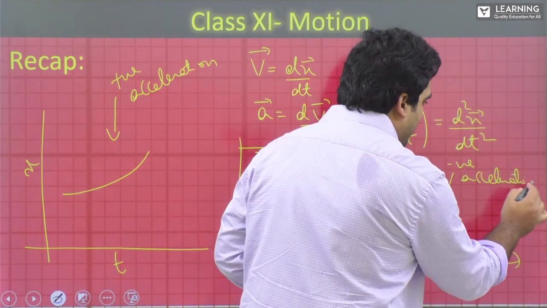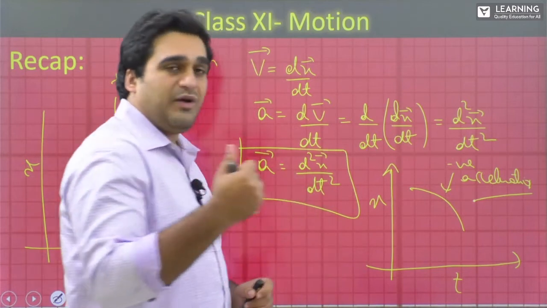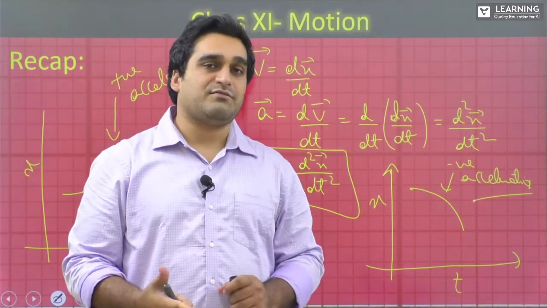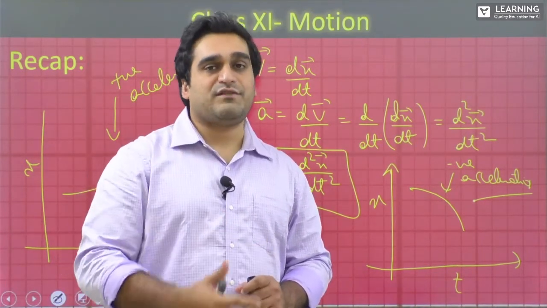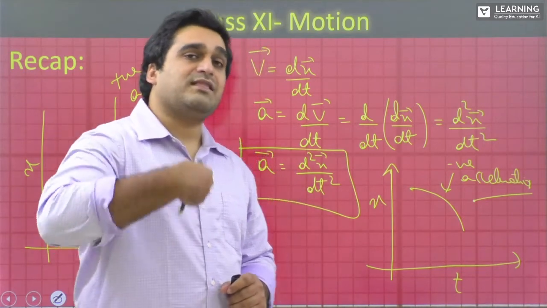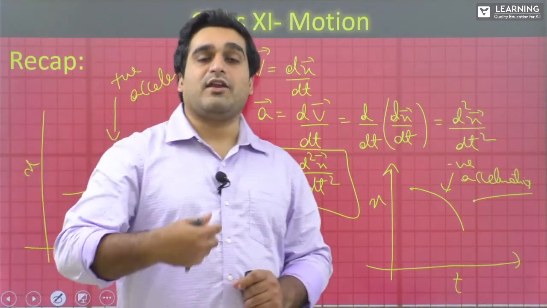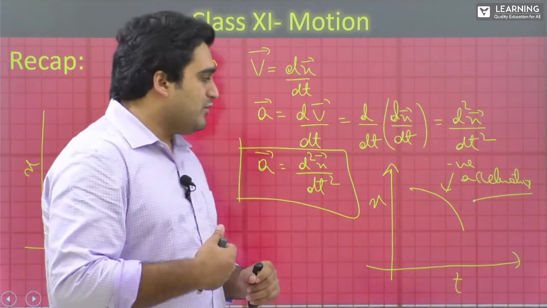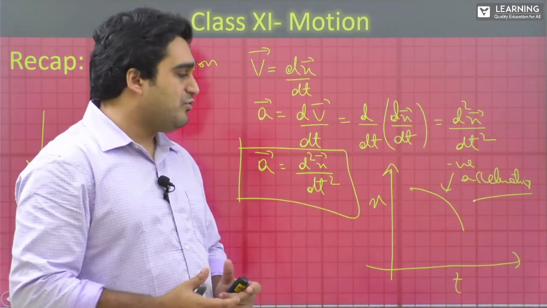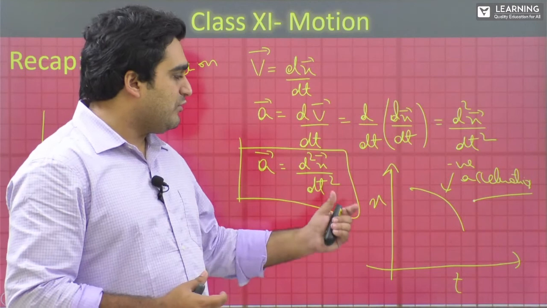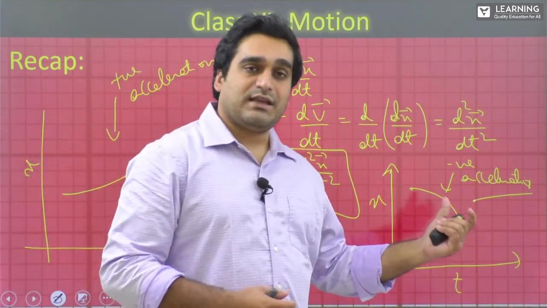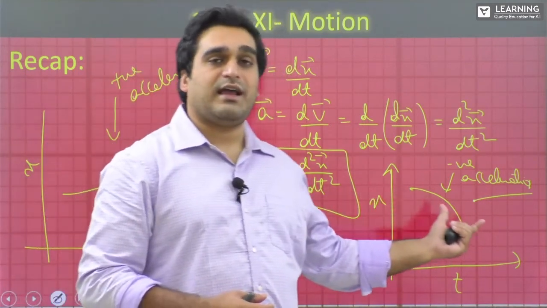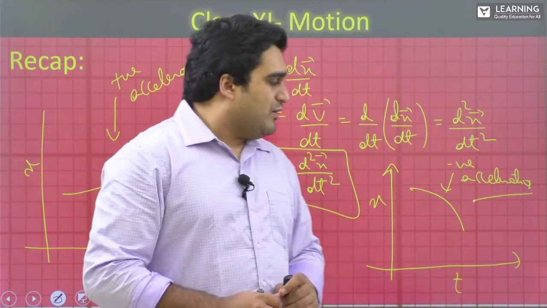So now I've taught you how to identify three different types of graphs, how to determine the new physical quantities from them, and also how to relate them to one another, such as acceleration and an XT graph.